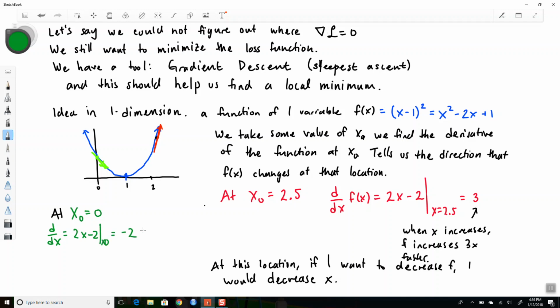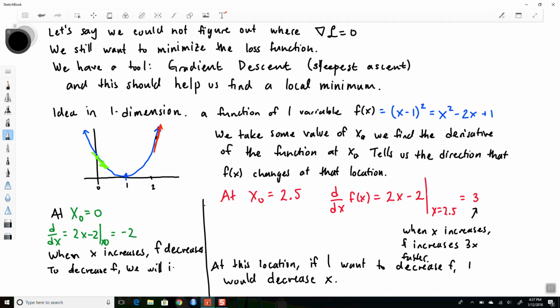This is going to equal negative 2. So what this tells me is that over here, when x increases, f decreases. So to decrease f, we will increase x.